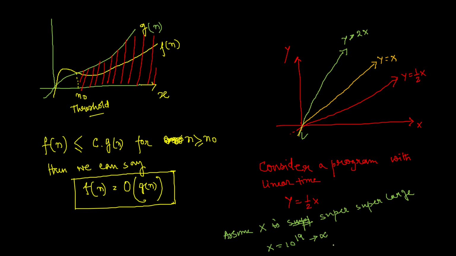At this situation, you are actually zooming into this particular curve when x is very large. At that time, we will see all these y's tend to infinity, right? So if x becomes very large, the behavior of these three curves will almost look the same.